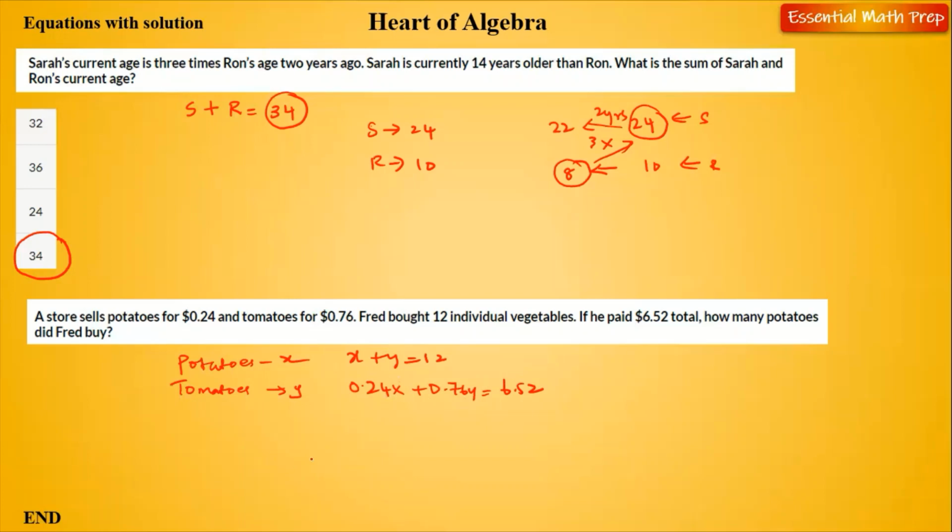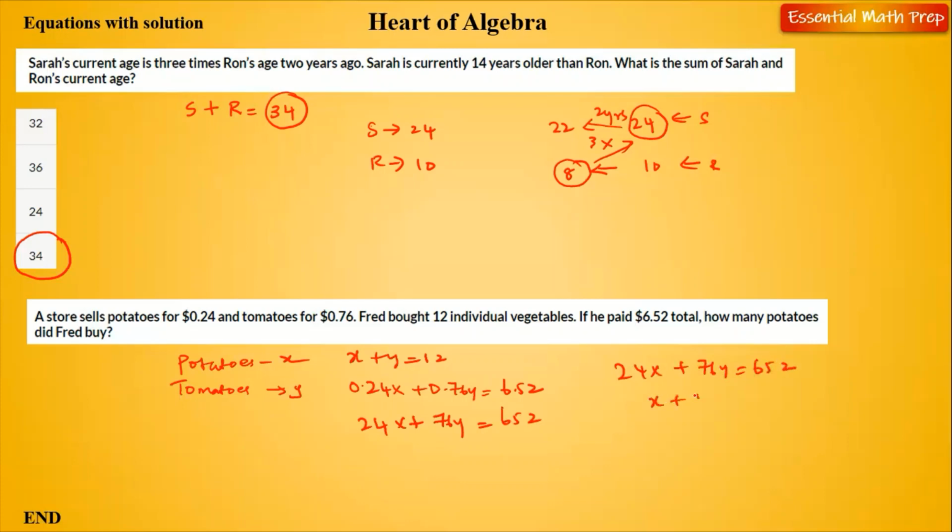So that will be 24x plus 76y, right? And then 6.52 times 100, 652, right? So we have 24x plus 76y equals 652.